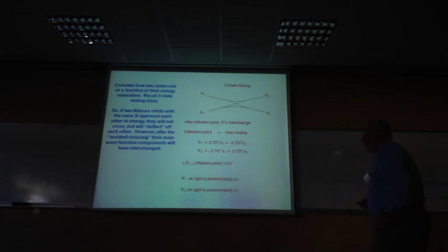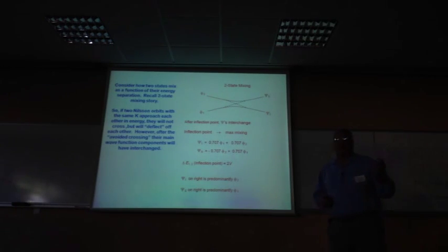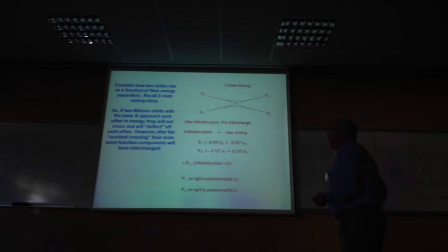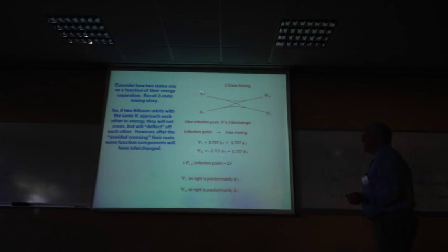Now, if you remember, we had a table in the two-state mixing calculation of the mixing amplitudes as a function of the separation and the interaction. So this wave function here starts off very pure, just phi 2, and this starts off very pure phi 1. As the unperturbed energies approach each other, the wave functions will become a mixture of phi 1 and phi 2.